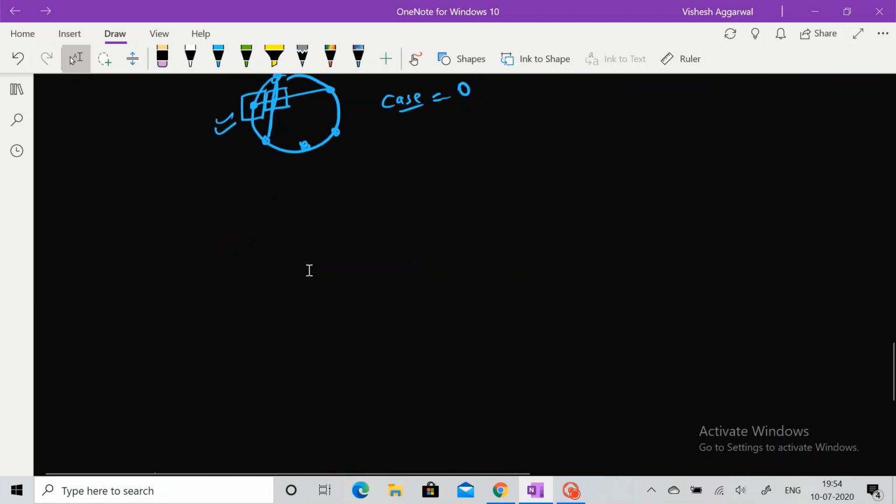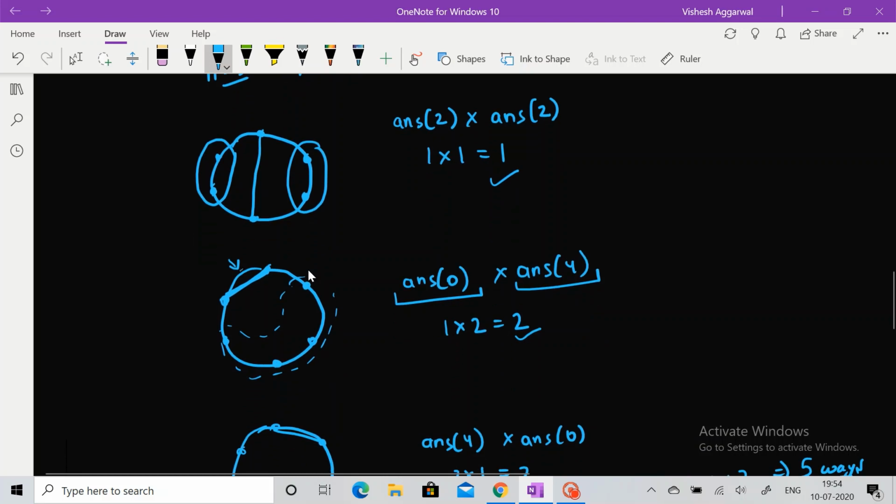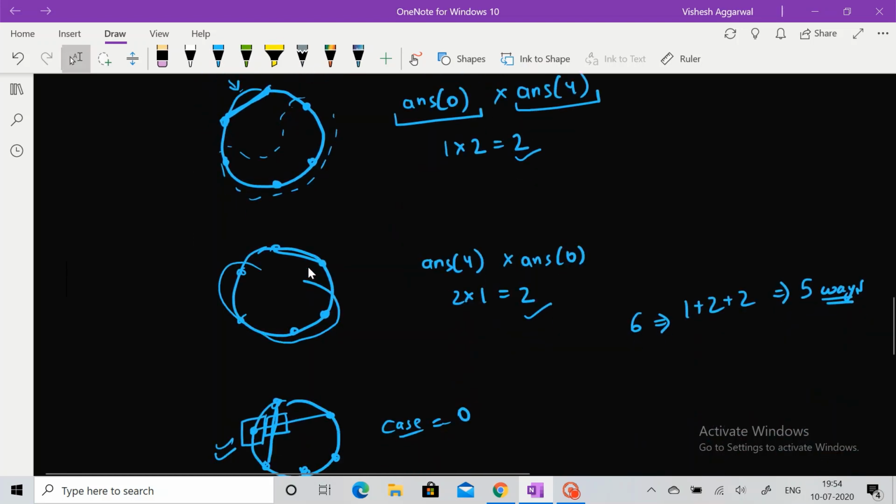So let's see how we have calculated this for getting the answer for n points. We have iterated over the possible splits, considering that there are 0 points on the left side, 2 points, up to n minus 2 points on the left side. Here we have 0 points, here we have 2 points, and here we have 4 points on the left side.